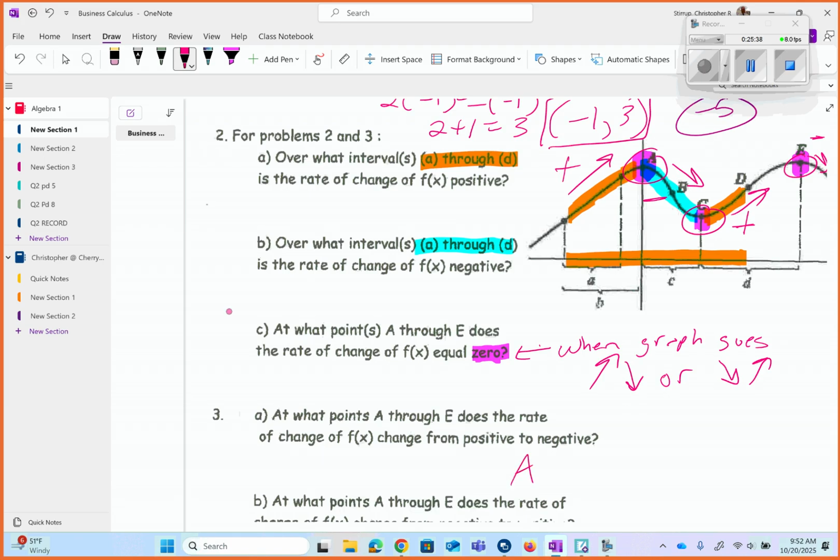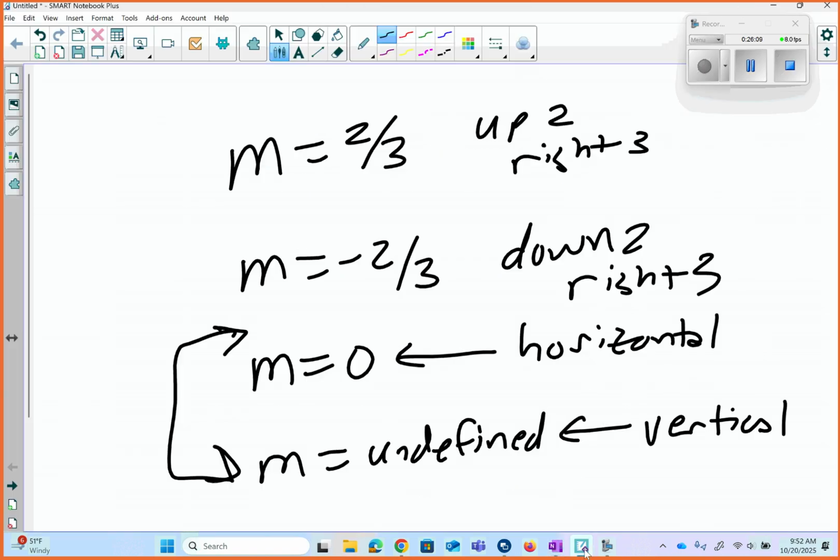That takes place at A and at E. When it changes from a positive slope to a negative slope, that means that the instantaneous slope at exactly that point becomes 0. That means a horizontal line took place. So this is, in a nutshell, what that just meant.